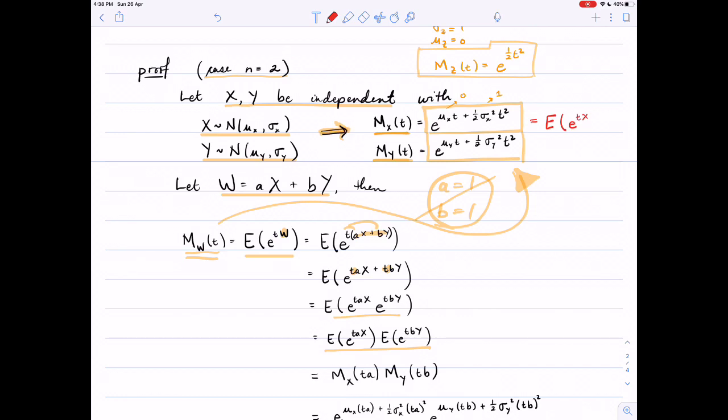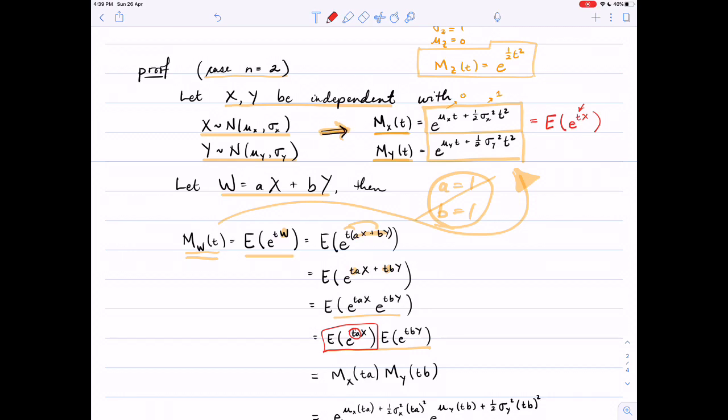That is the definition. That is not what I have here. I have a little bit of something extra, don't I? I have ta times X, whereas here I only have a t.